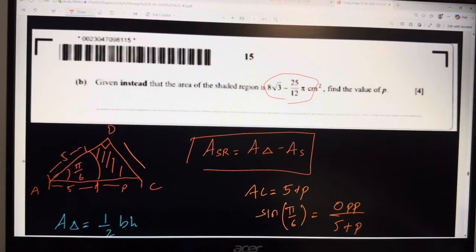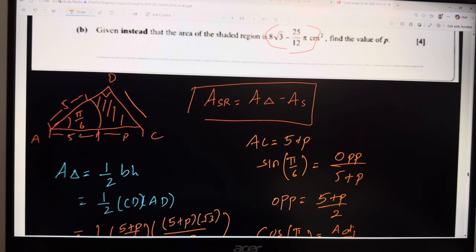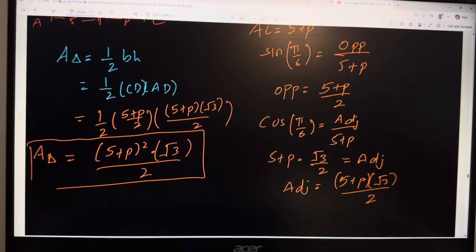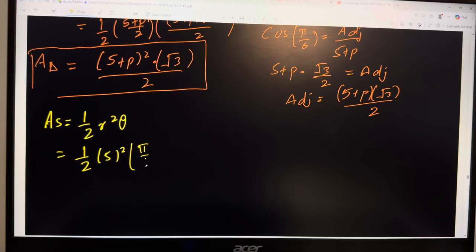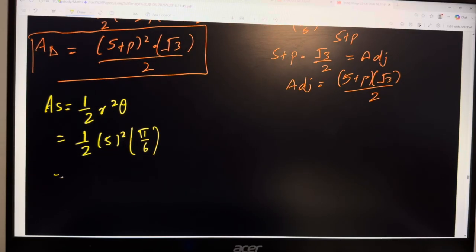The area of sector is, I think, quite easy to find, because area of sector is 1 upon 2 r squared theta, where 5 is the radius and theta is equal to pi by 6. So this becomes what?